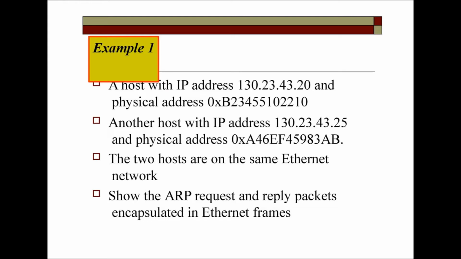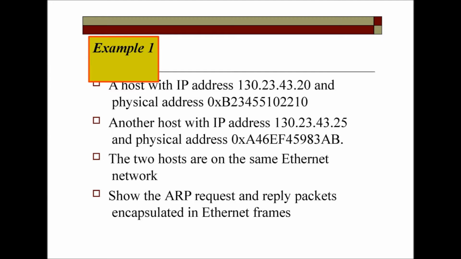So in the first three points, we can see two hosts or two devices which contain IP addresses as well as MAC addresses, also called LAN card addresses or physical addresses. So the IP address is a logical address and the MAC address is a physical address. The IP address is a 32-bit address and the physical address is a 48-bit address.